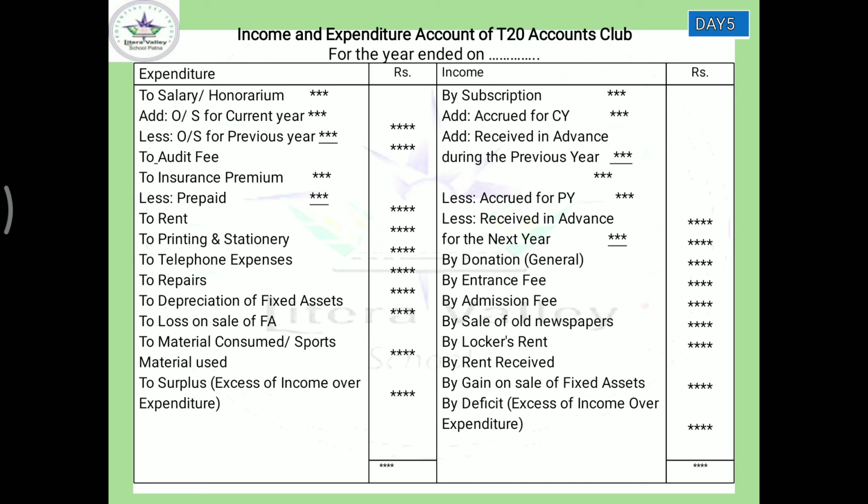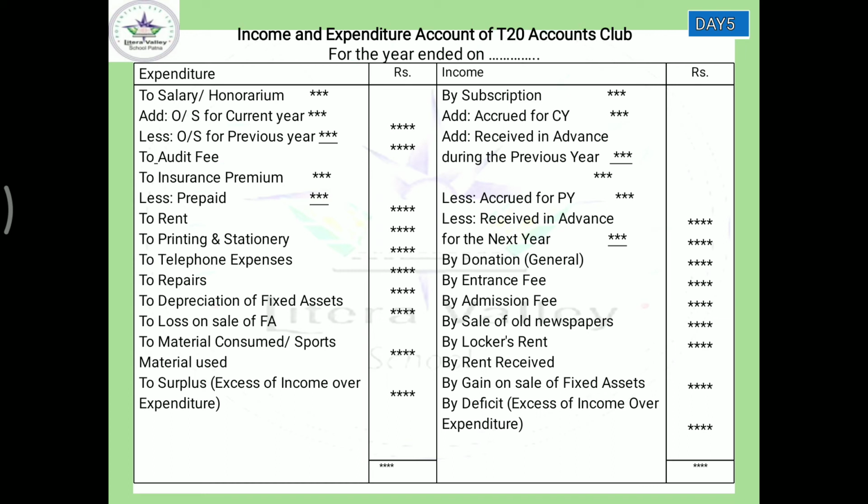Audit fee is expense, insurance premium paid, less prepaid, rent, if any adjustment is there, say rent outstanding is there, you have to add it. Printing stationery expense, telephone expenses, repair, depreciation of fixed assets.